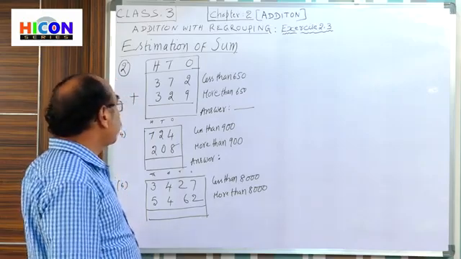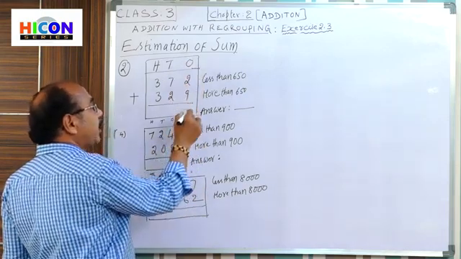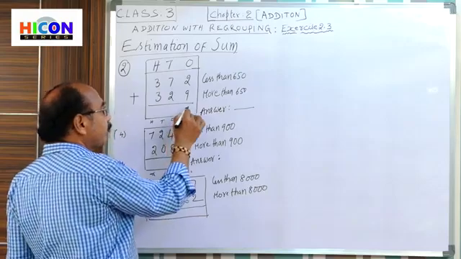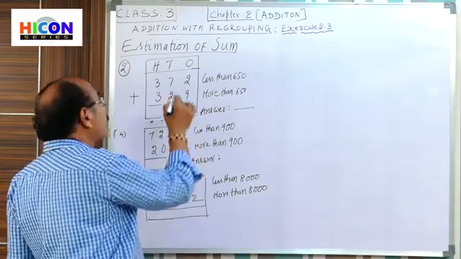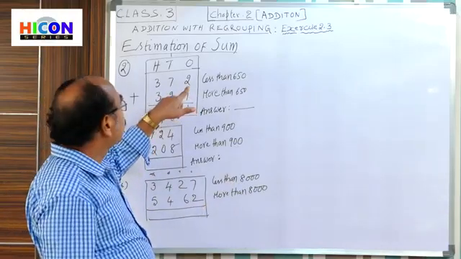Now you see here, add the digits in the ones place. 2 plus 9, 11. Write 1 here, carry the 10, because here 11 ones are there.